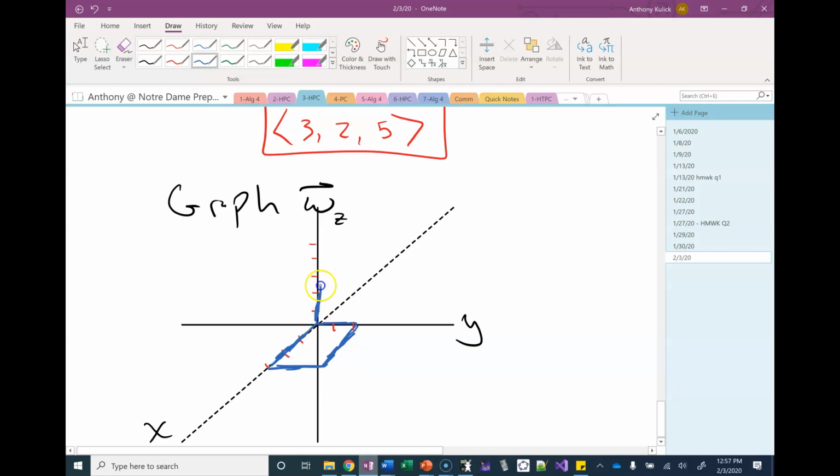So I'll go up 5, up 5, then up 5. So there's my box.